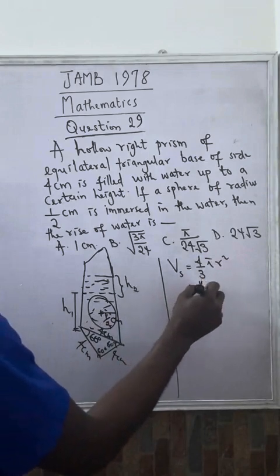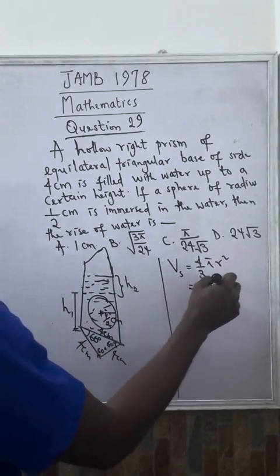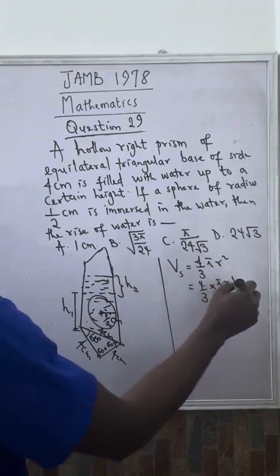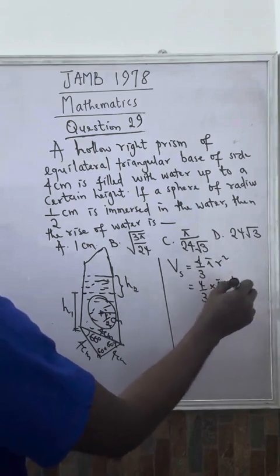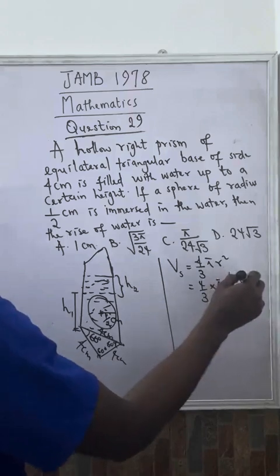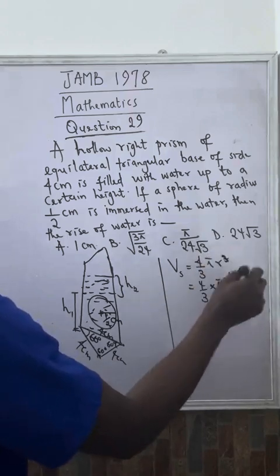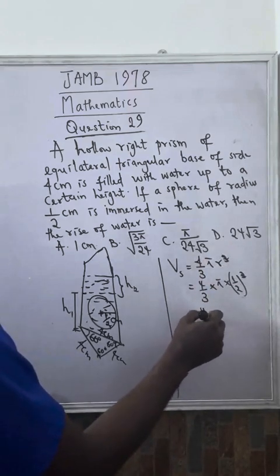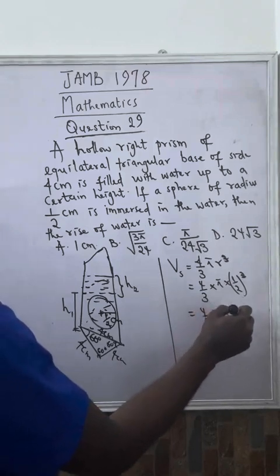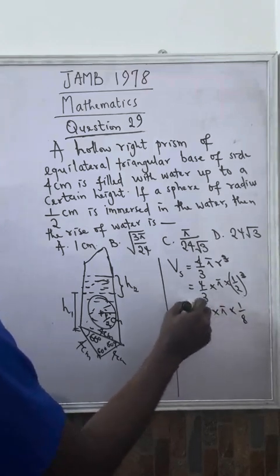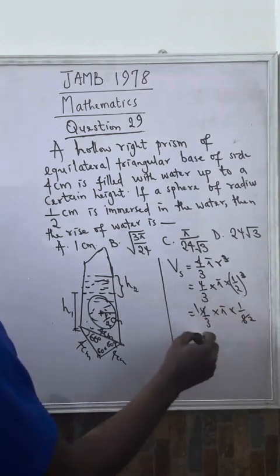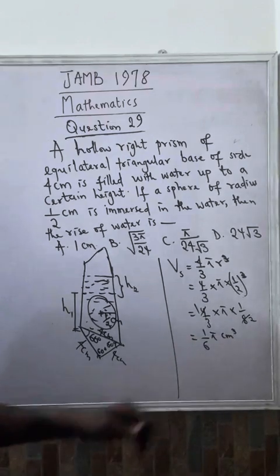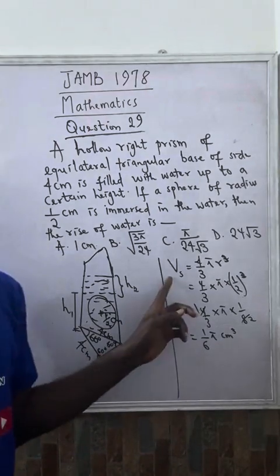So I have 4/3 times pi times 1/2 raised to power 3, not r squared, r cube. This gives 4/3 times pi times 1/8. 4 here 1, 4 here 2. So this gives 1/6 pi cm cubed. This is the volume of the sphere.